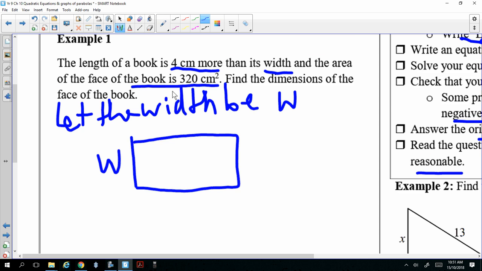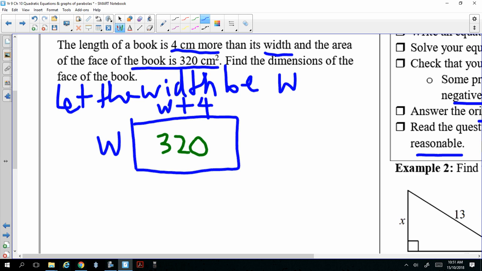Not 2w, but 4 plus w, because it's 4 centimeters longer. And it tells you that the area is 320. Now, how do I get the area of a rectangle? Length times width, so you go w times (w plus 4) equals 320.